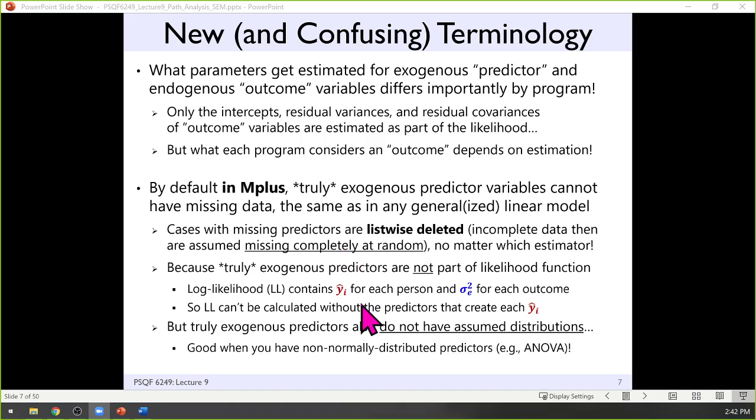And this is bad from the perspective of missing data, but it's also good, because that means we can have whatever kind of predictor we want. So if you think about analysis of variance, remember that back when life was simple and we didn't have any circles? What kind of predictors are in an analysis of variance model?